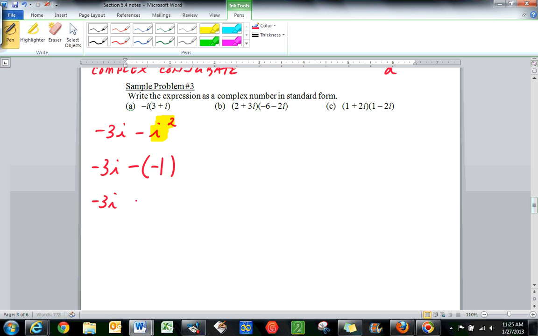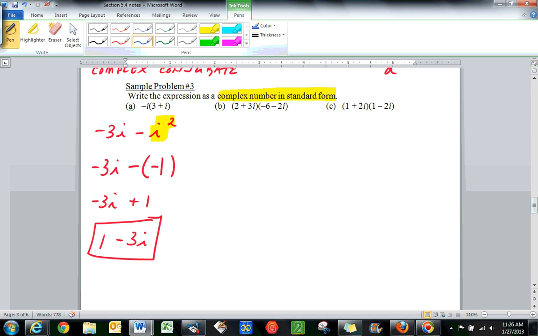We'll have negative 3i plus 1. Notice that it said to put the complex number in standard form, so we would need to write that with the real part first, the imaginary part second, and that would give us our complex number in standard form. Okay, very good. Now we'll move into part B.